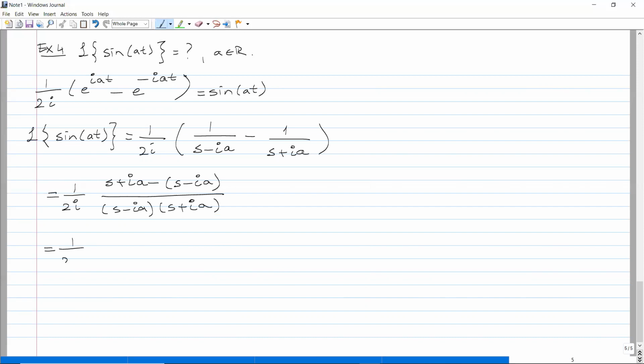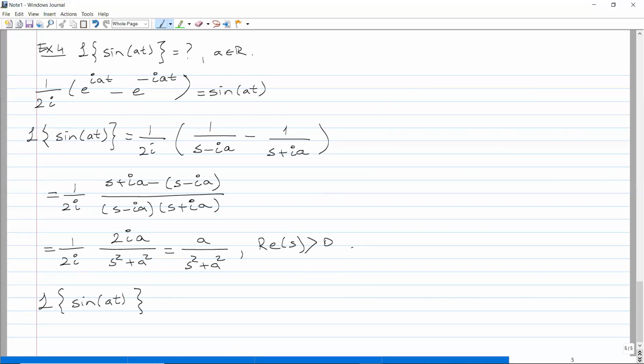So 1 over 2i times 2ia divided by s squared plus a squared. So we get a over s squared plus a squared. Again, this is for real part of s greater than the real part of i times a, which is 0. So the Laplace transform of sine at is a over s squared plus a squared for real part of s positive.